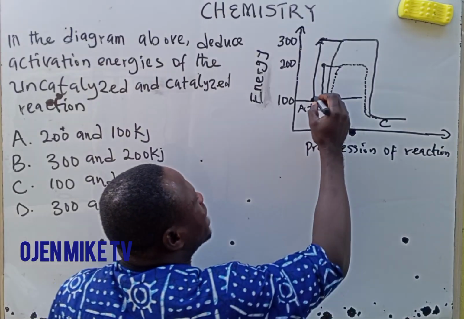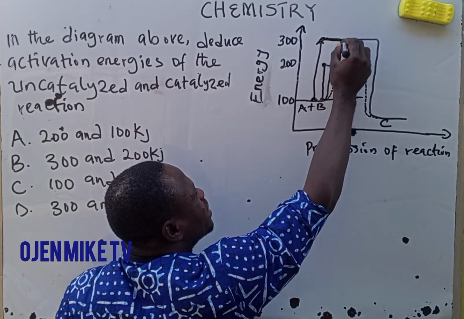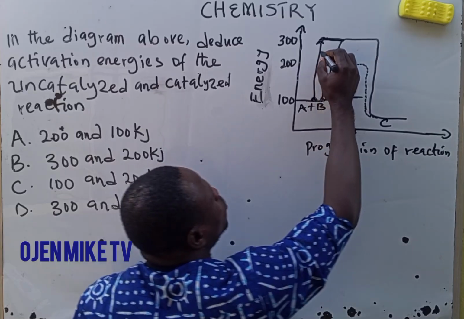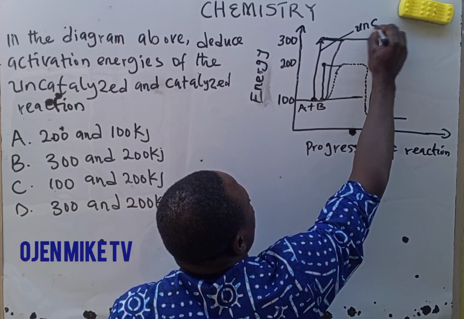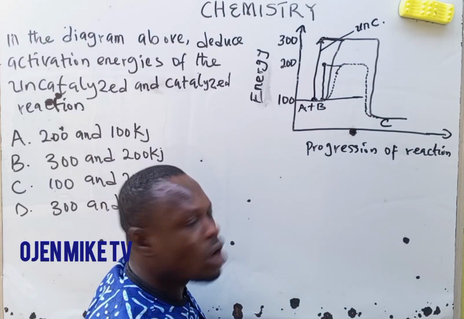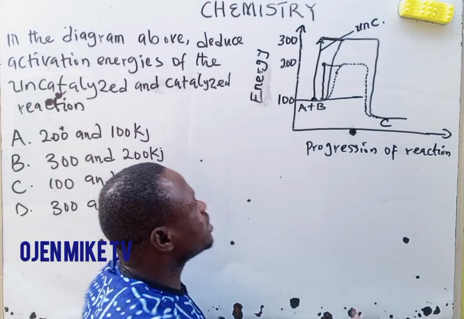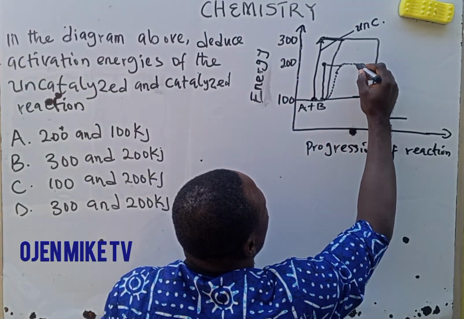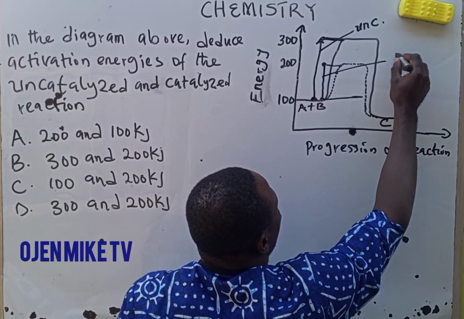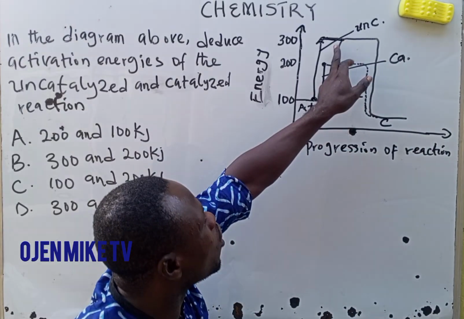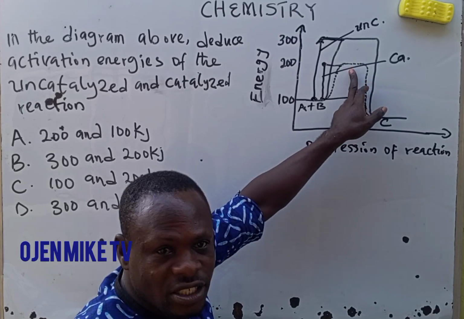The time that catalyst has not been added, look at the activation energy here. So we term this one uncatalyzed. Now, when the catalyst has been added, it lowers the activation energy. You say that this one is catalyzed. So we are going to find the activation energy of the uncatalyzed and the catalyzed.